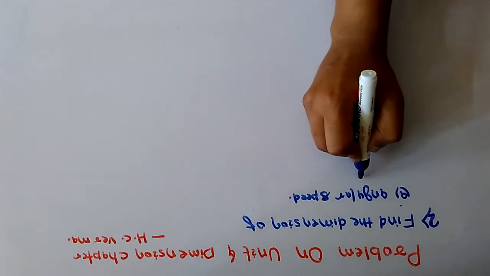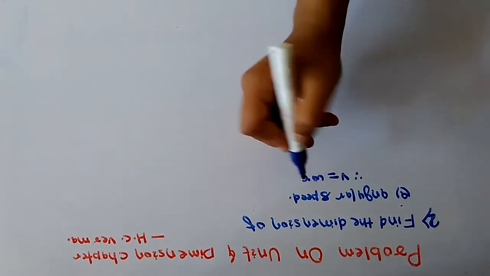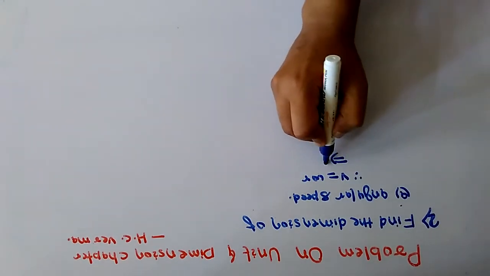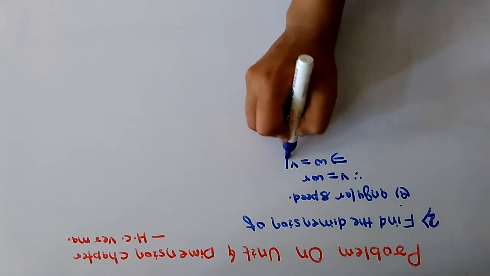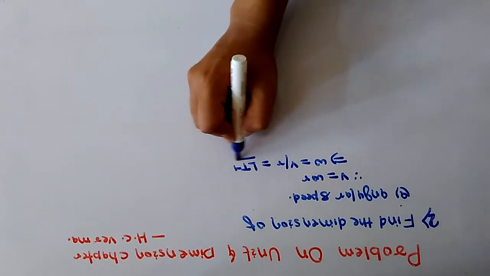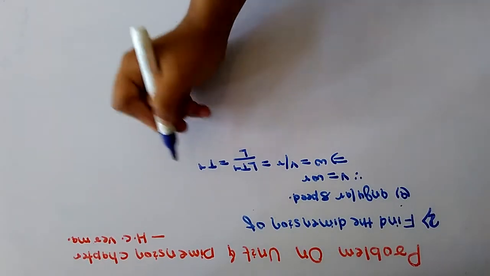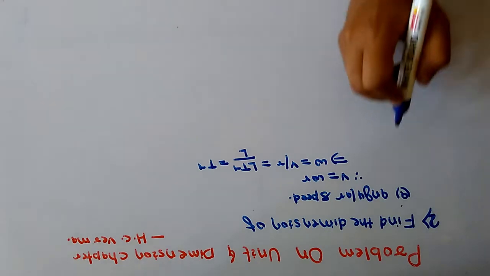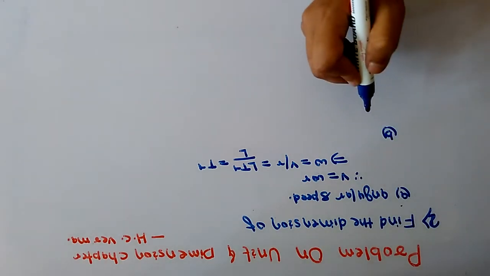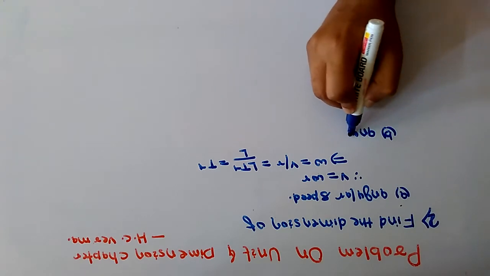We know the formula v equals omega into r, so omega equals v by r, and the dimension of v is LT^-1 upon L. So it can be written as T^-1. That is angular speed. The next is angular acceleration.